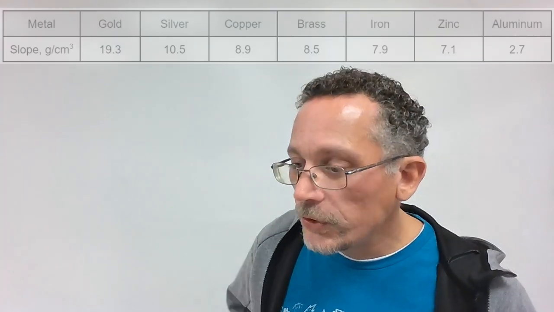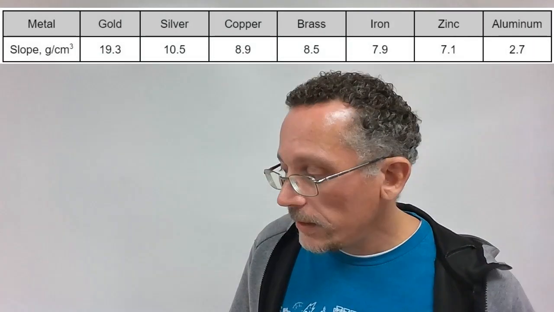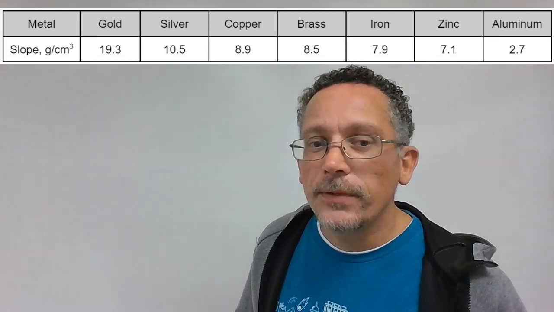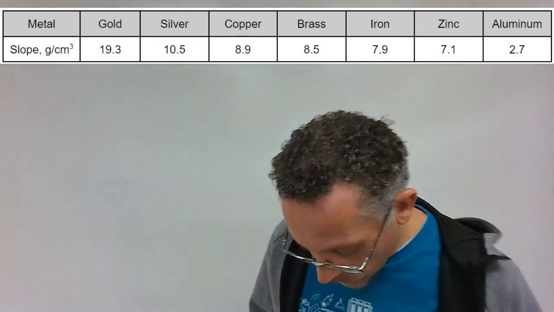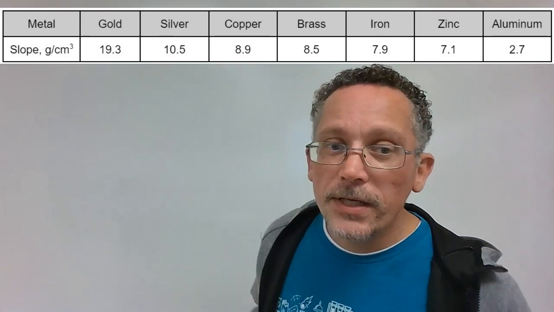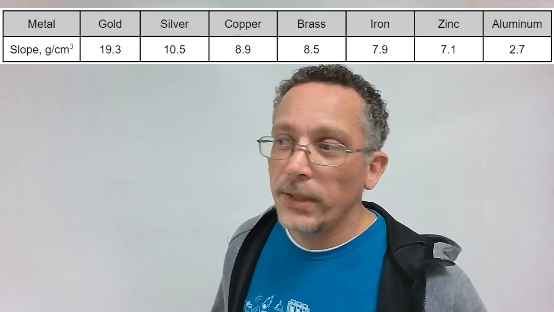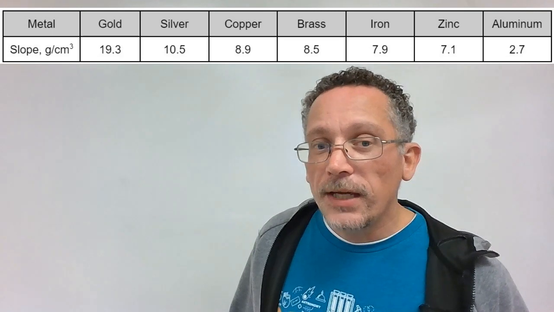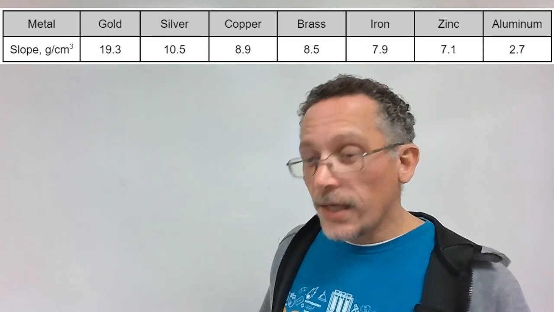Number 7, use the table there to determine what kind of metal we had. Well, 9.8 something was our slope. And if you take a look at those numbers there, gold is not very close to 9.8 something, right? In fact, 9.8 something is closer to silver or copper.